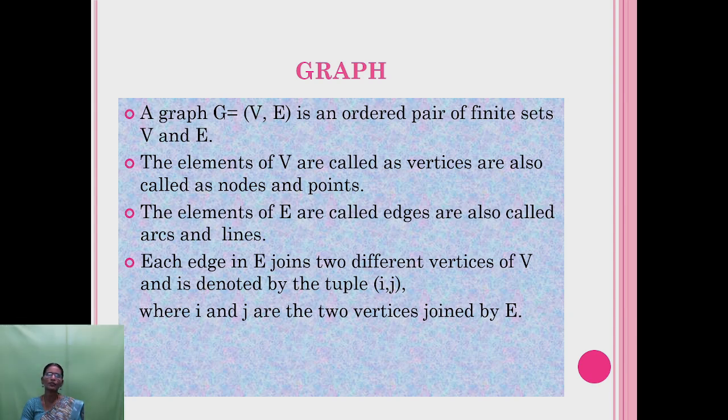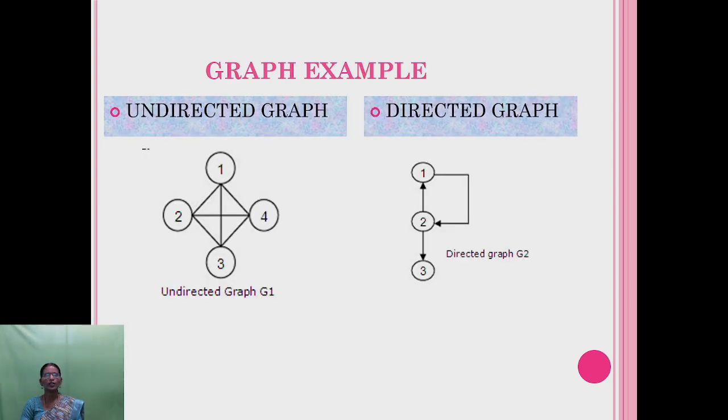The elements of E are called edges, referred to as arcs or lines. Each edge joining two different vertices is denoted as the tuple (i, j), where i and j are the two vertices joined by the edge.